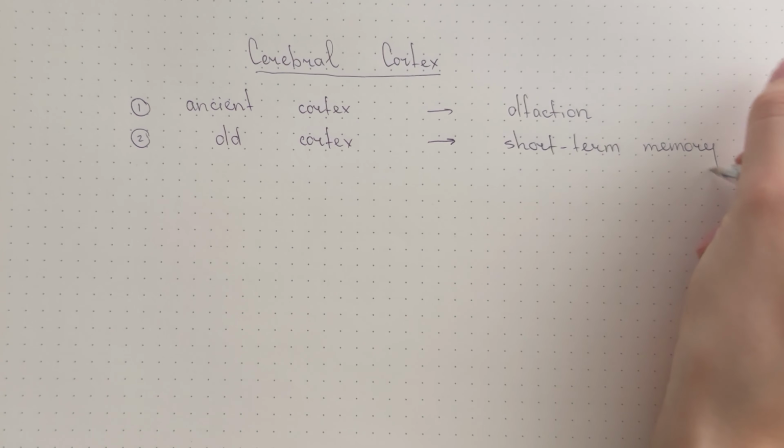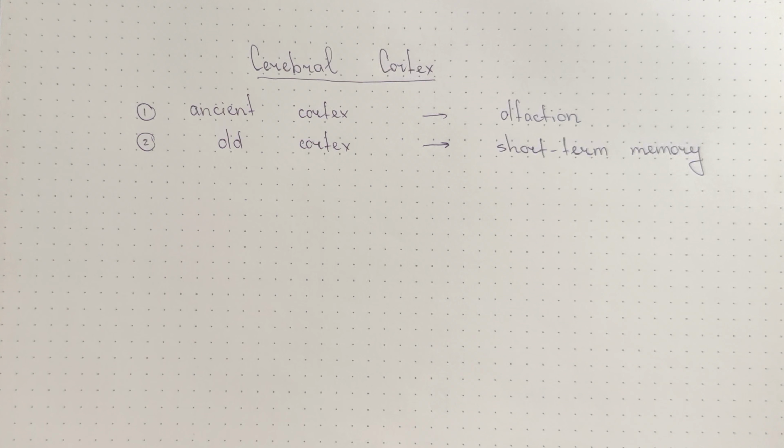For example, coral reef fish know their territory very well. But on land, such tasks become much more extensive, and so the old cortex became more distinctly developed. Its main center is the hippocampus. It is located deep in the temporal lobe, at the bottom of a special hippocampal sulcus.